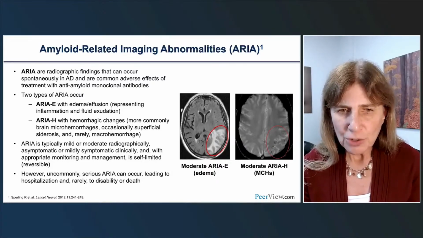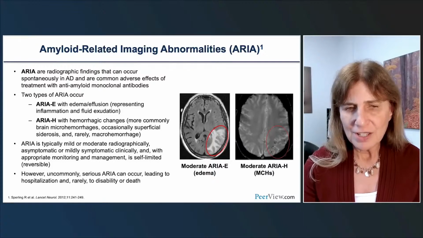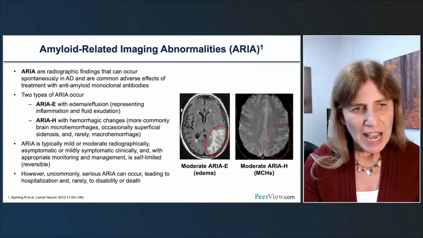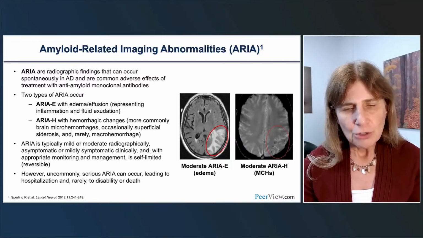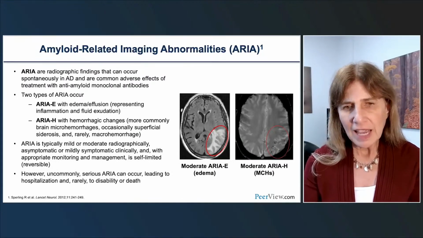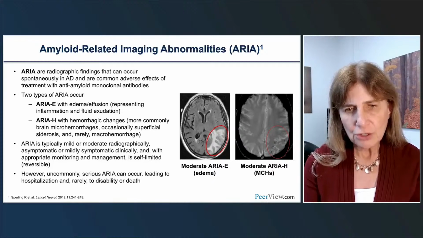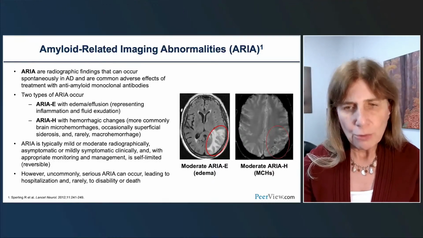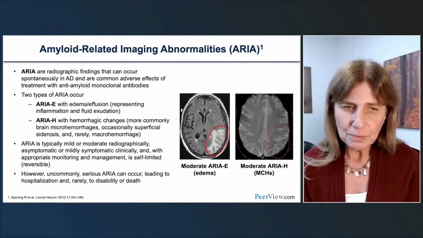You see an image of moderate severity ARIA-E on MRI. And then ARIA-H really represents, for the most part, spots of bleeding, microbleeds, generally asymptomatic. Occasionally, there's bleeding on the surface of the sulcus, which is superficial siderosis, and rarely macrohemorrhage.